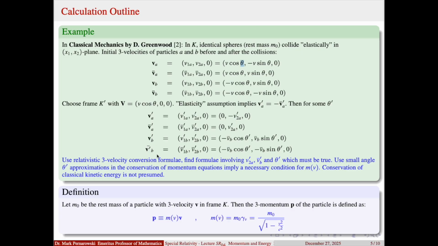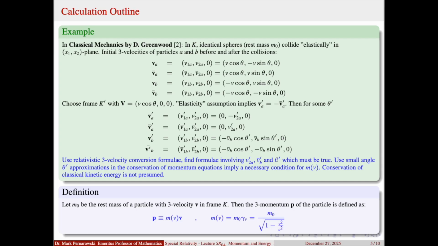And from these expressions above, I can use the velocity formulas I derived before to figure out what these velocities must be in the K prime reference frame. So I'm going to use the three velocity conversion formulas, and that's going to be a lot of algebra. And I'm going to find formulas for the three unknowns in K prime, that is, certain components of the velocities and the angle. And I don't know those.